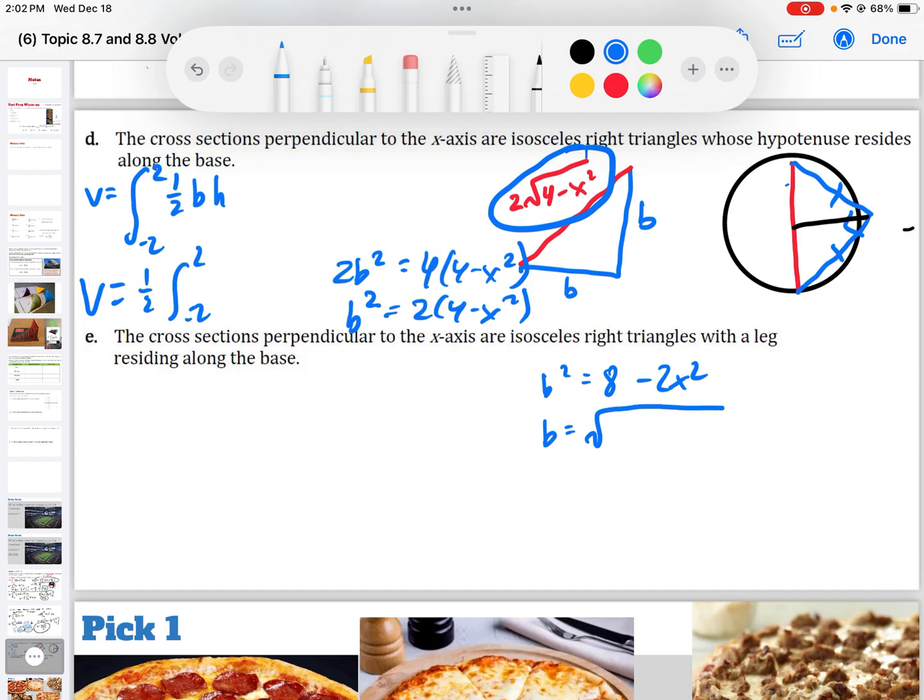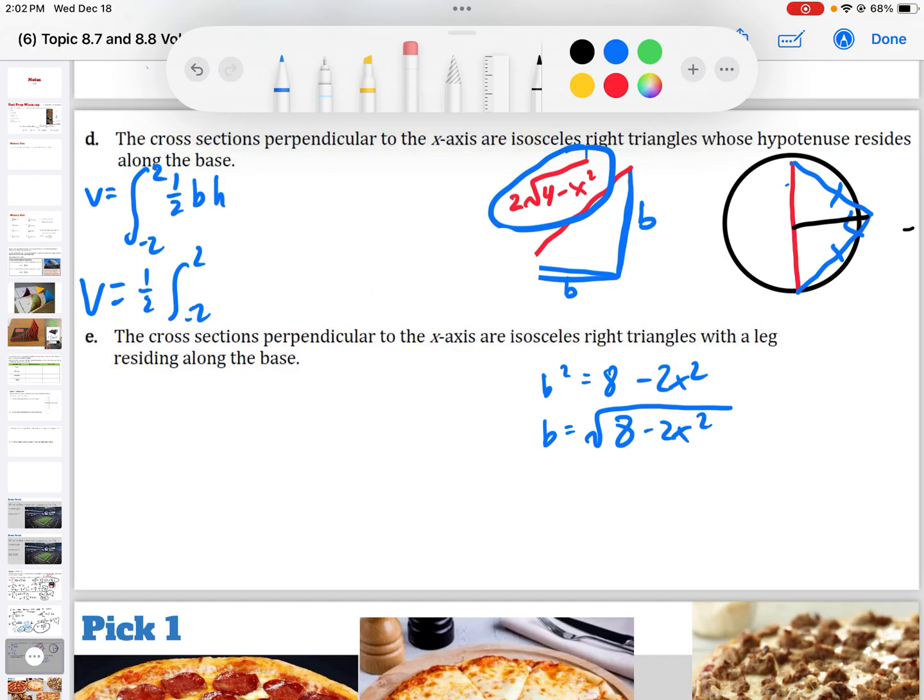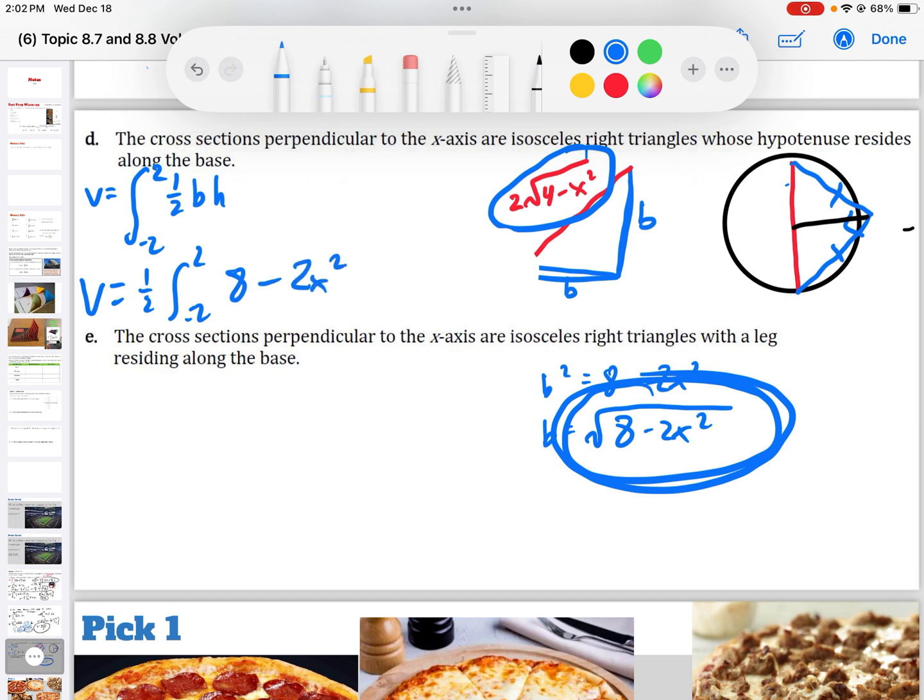b is equal to the square root of 8 minus 2x squared, but I would basically do base times base, this times this, which would give us the area of that triangle. So this would be 1/2 base times base, so it would just be 8 minus 2x squared. What I might do here, I could just factor out a 2.